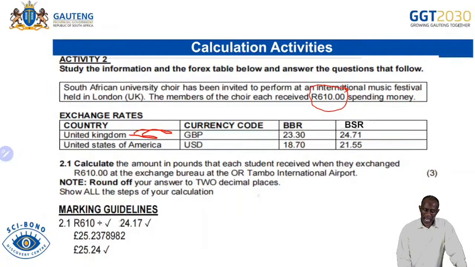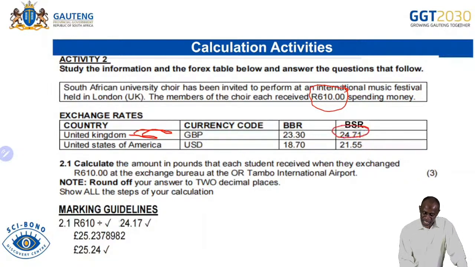So we are going to focus on the BSR, which is 24.71. The law of converting local currency to foreign currencies allows us only to divide the local currency by the foreign currency.